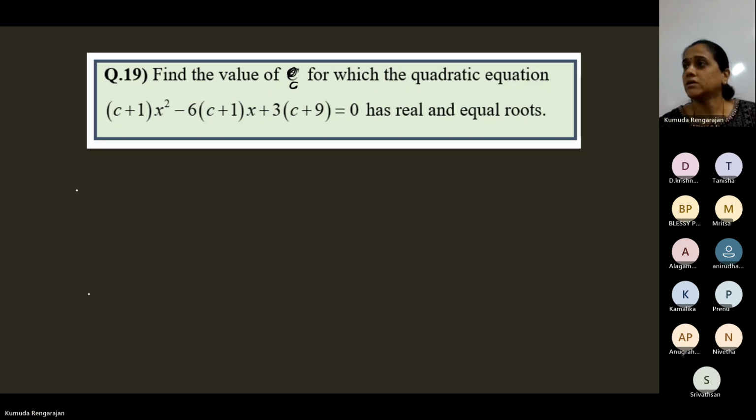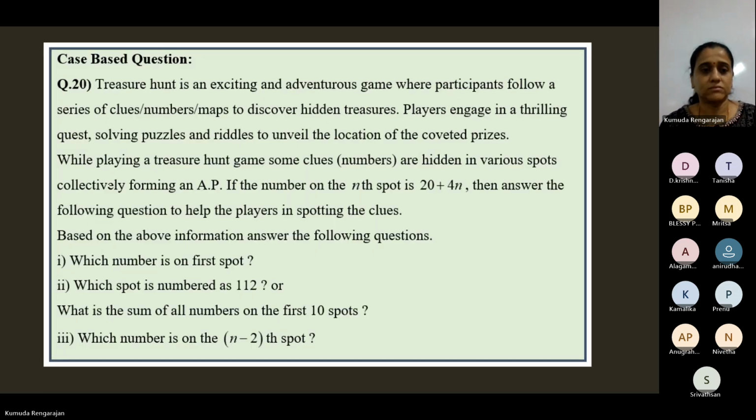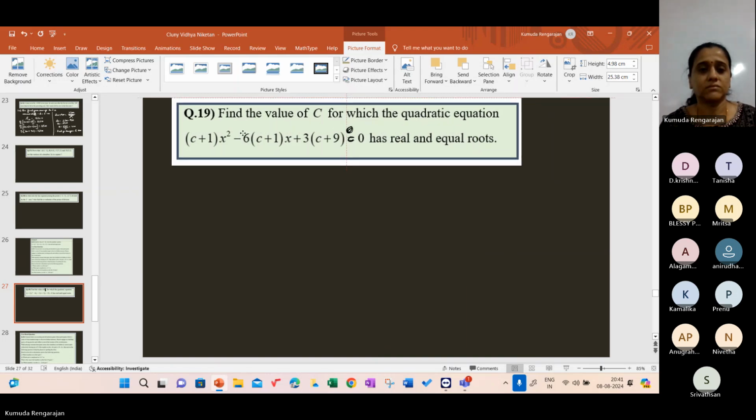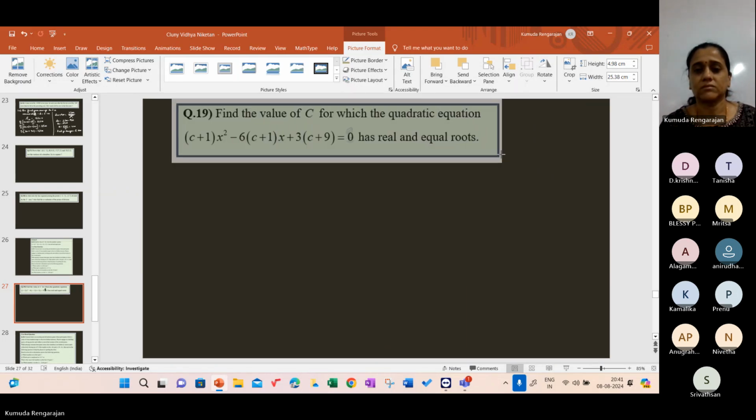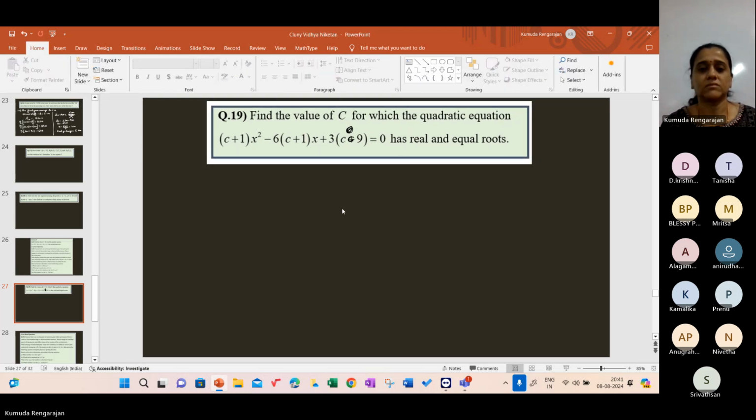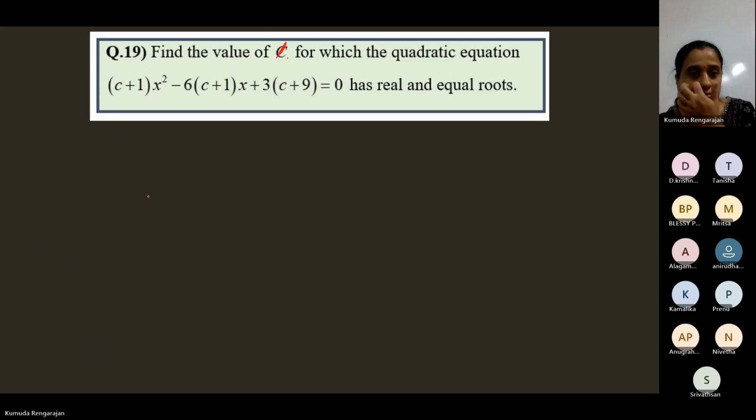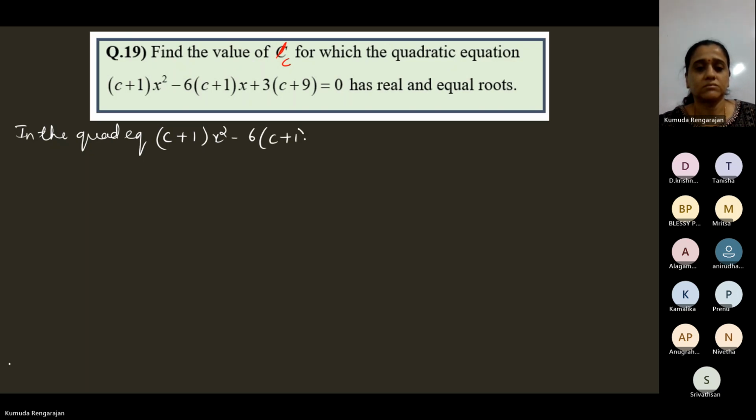D is equal to 0. What's the value of C? Why? Three.